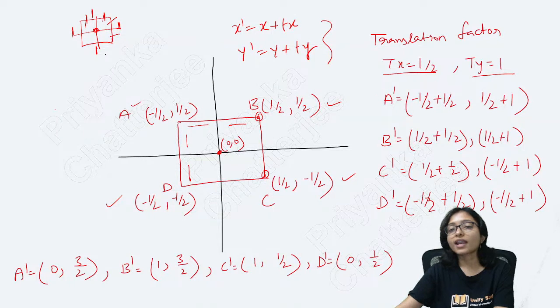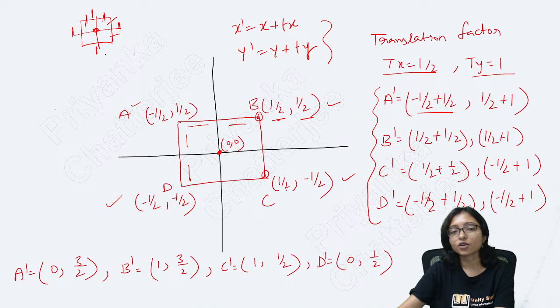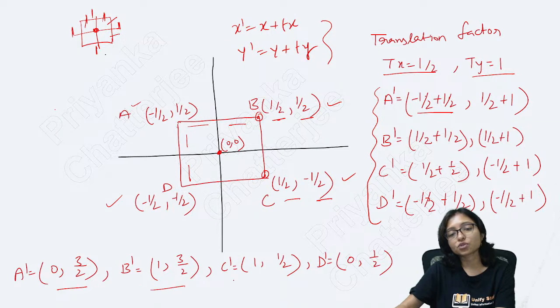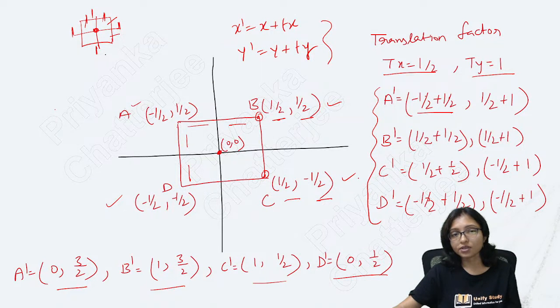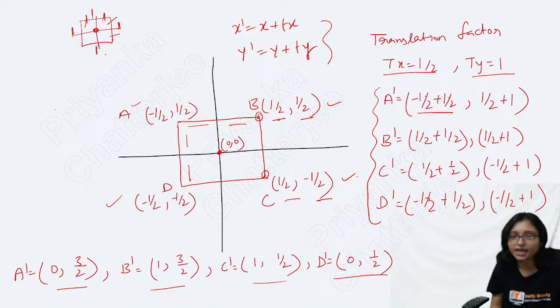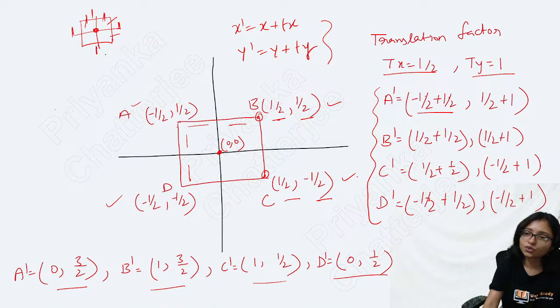In that way, we add 1 by 2 to every x value, and 1 to every y value. After that I will get these values after translation. Is that clear? After translation, what is going on, is that clear? A dash, B dash, C dash and D dash, how they are changing. Is that clear?